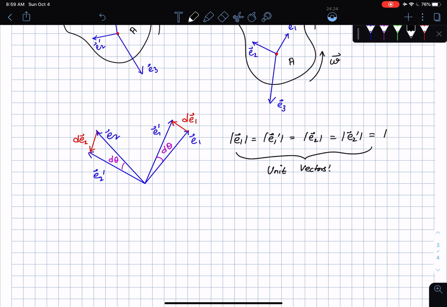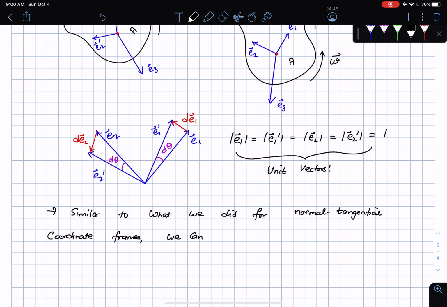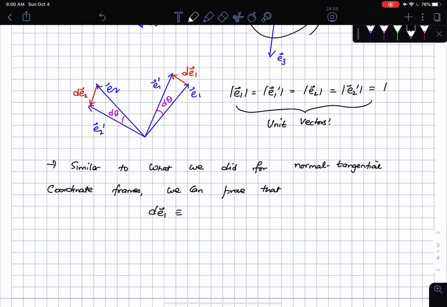We can prove, similar to what we did for normal tangential coordinate frames, that dE1 is along E2, or dE1 is perpendicular to E1, and then dE2 is along negative E1, or dE2 is perpendicular to E2.